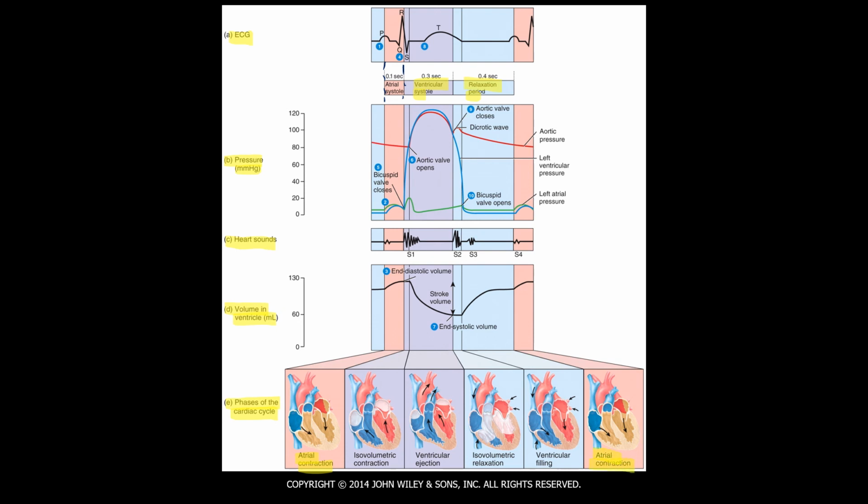So you can see how they all line up and what is happening with the electrical current at the same time that we have pressure changes, at the same time that we have those heartbeats. You can see what's happening in each part and correspond them to one another.